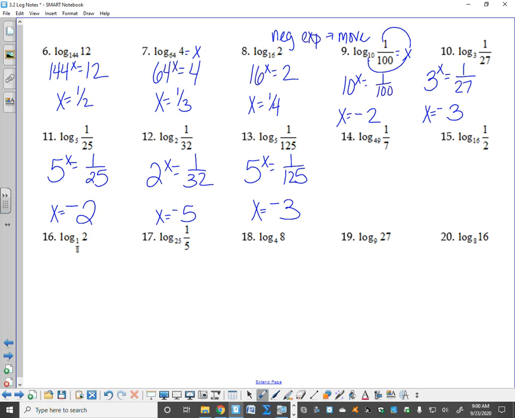Okay, now putting two concepts together here. 49 to the something equals 1/7. And again, I'm still just snailing it. I'm just not writing it out every time. So 49 to the x equals 1 over 7. Okay, ignore the fact that it's a 1 over 7. Just get me from a 49 to a 7. Well, the square root of 49 is 7.